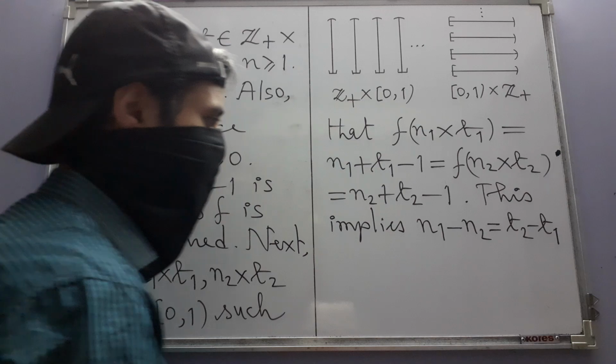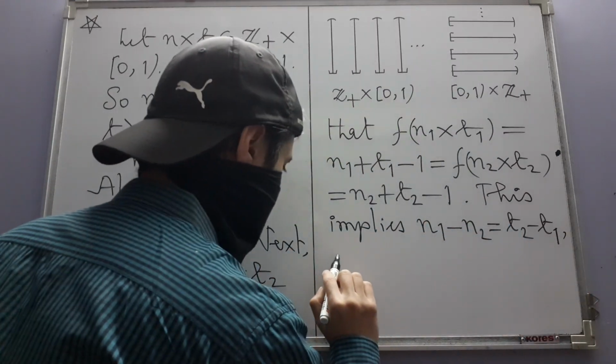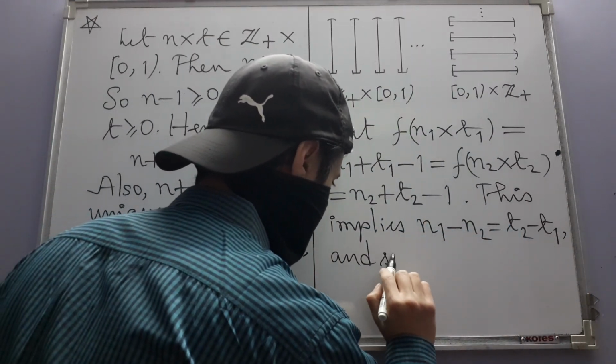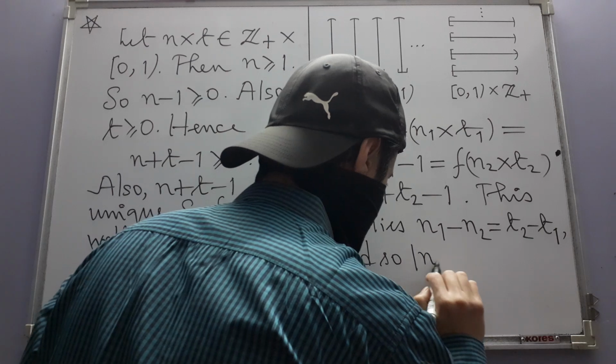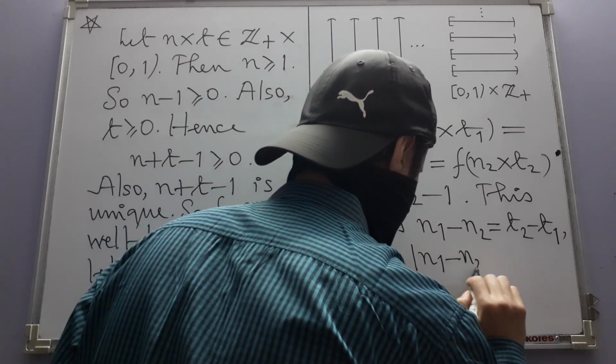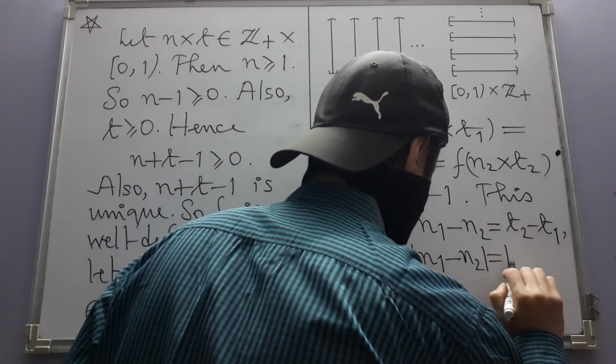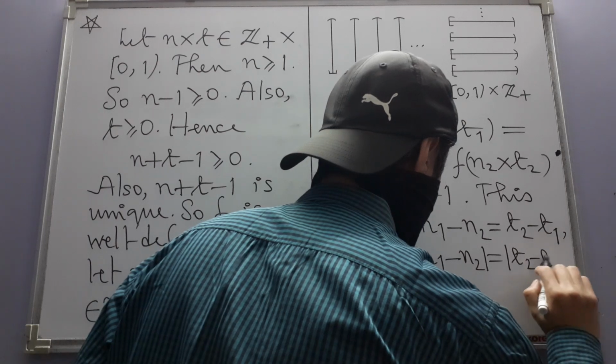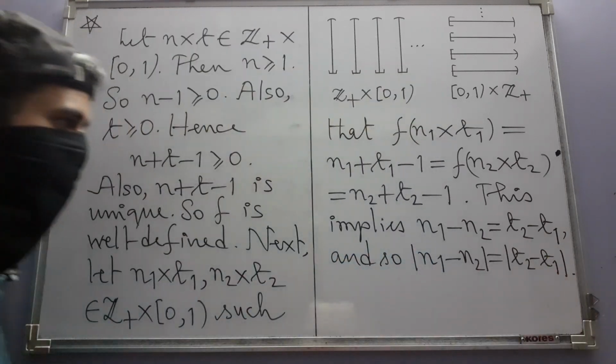That's easy to see. And so, the absolute value of n1 minus n2 is equal to the absolute value of t2 minus t1.